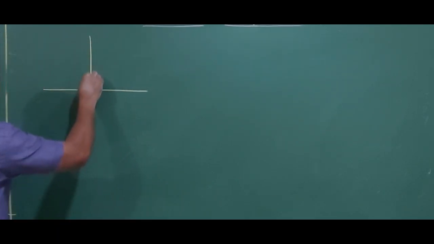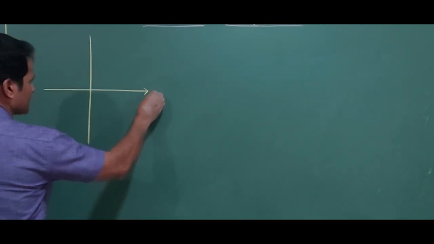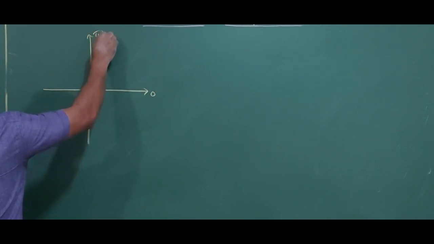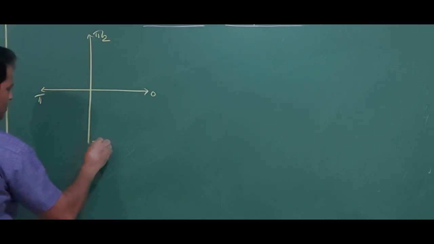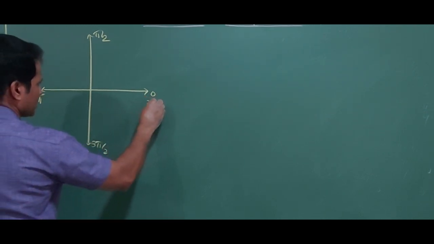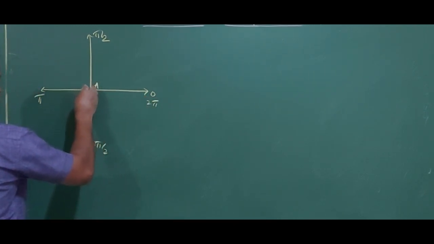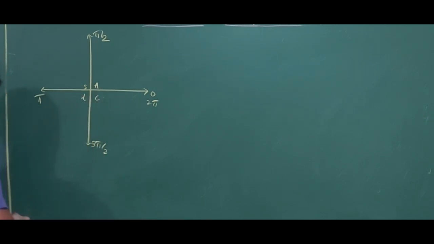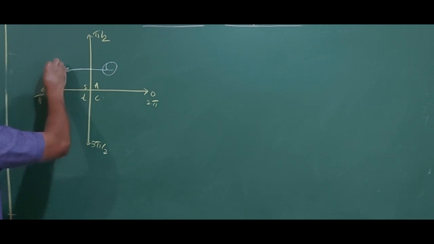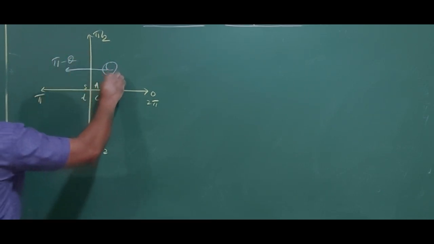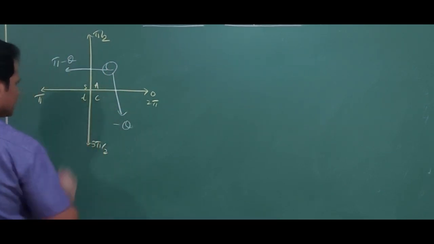Okay. Now, a few things I am going to show you. In normal trigonometry, we have 0, pi by 2, pi, 3 pi by 2, 2 pi. All Students Take Coffee. If you are standing in the first quadrant with theta, you go to the second quadrant with pi minus theta, to the third with pi plus theta, and to the fourth with 2 pi minus theta, or minus theta.